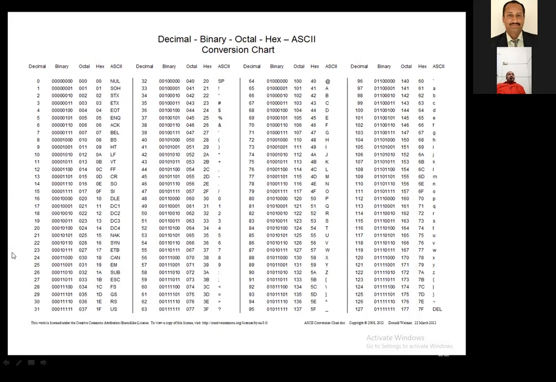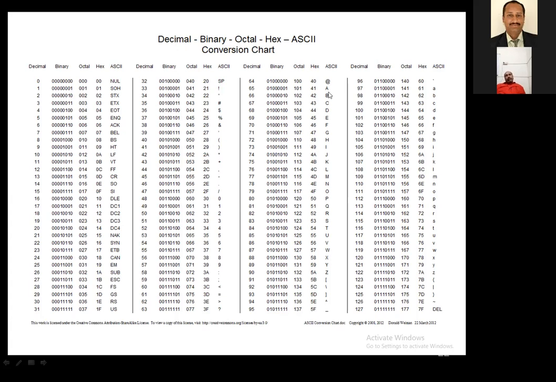This last slide is very important for all of us. It gives the conversion of each one in every number system. As we know, there are different number systems. As far as the 8051 is concerned, decimal, hex, and ASCII are important.